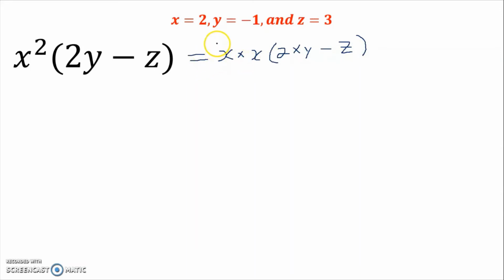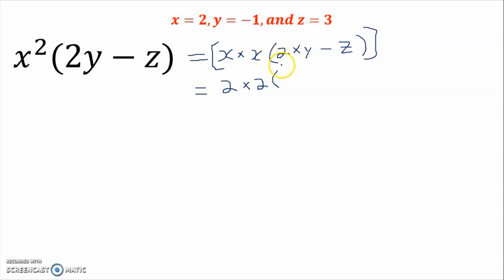Now that we have expanded the expression, we can go ahead and substitute so that we can simplify. Remember, x is equal to 2. So this is the same as 2 times 2, open bracket.